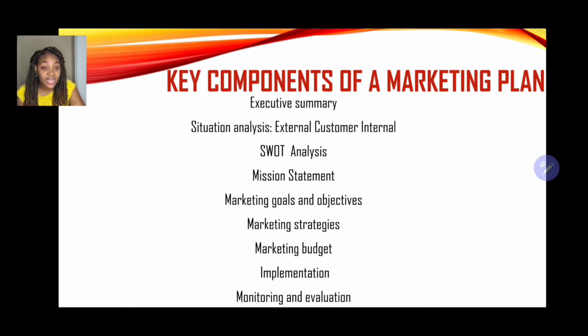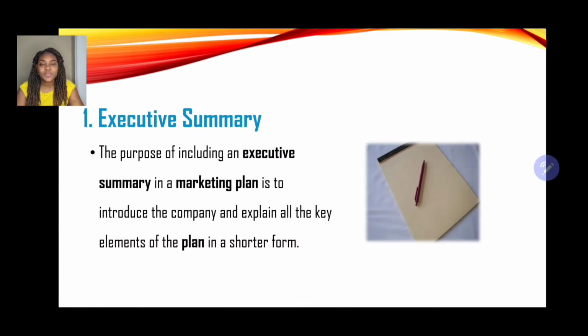There is a SWOT analysis, and the SWOT stands for strengths, weaknesses, opportunities, and threats. There is also a mission statement, marketing goals and objectives, marketing strategies, marketing budget, implementation, and also monitoring and evaluation. All right. Now, let us break up these key components to find out what these components are all about, right?